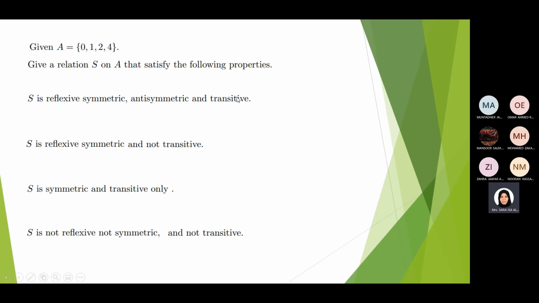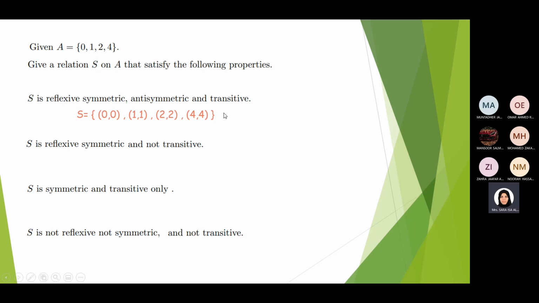When they say all of them should be positive, it means just put the pairs that make it reflexive. Do not add any extra pairs, okay? Just put each element related to itself and that's it. Because they want it to be symmetric and antisymmetric at the same time, I will never make it both if I add extra pairs.